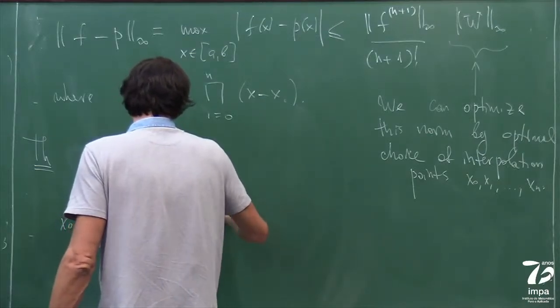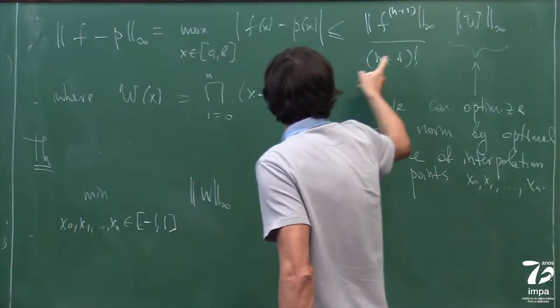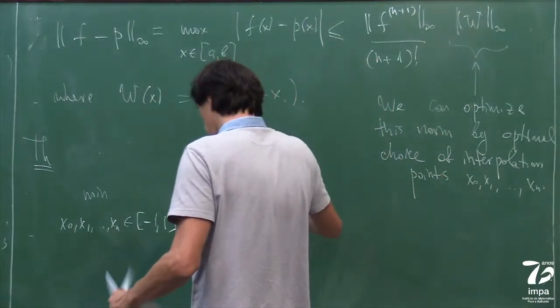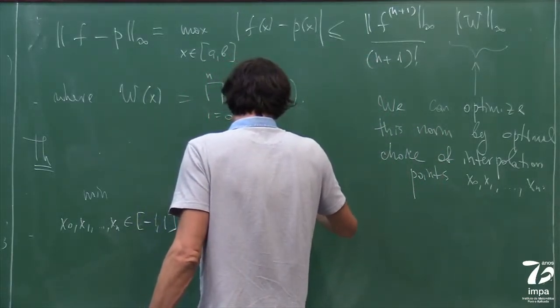So the minimum of this norm equals 2 to the power minus n.